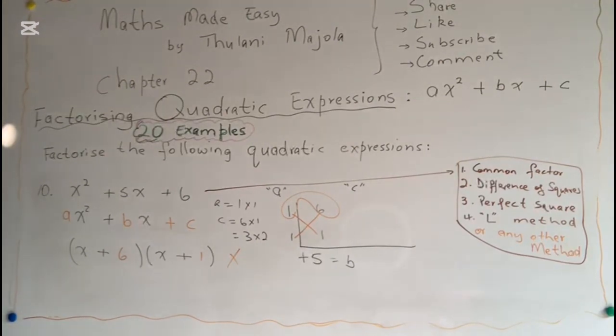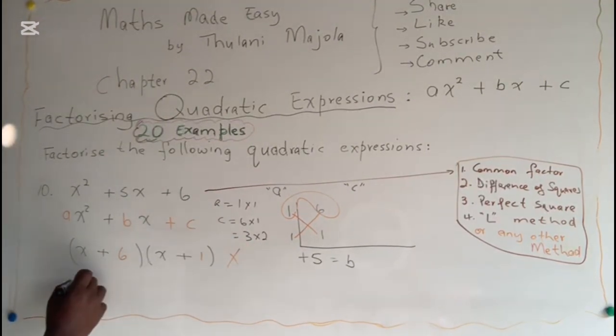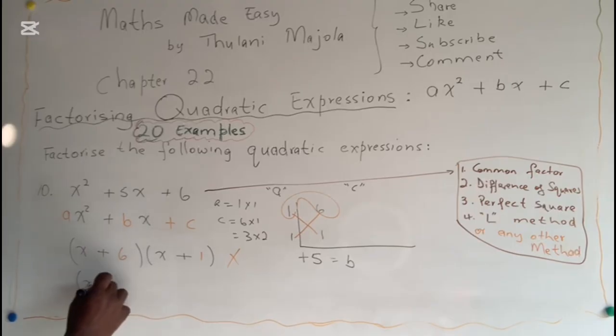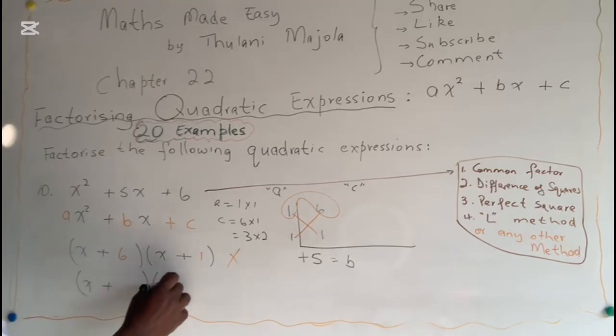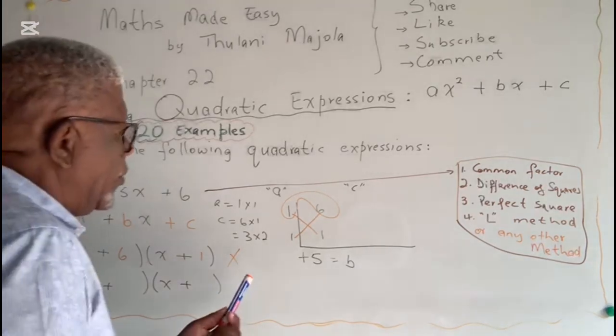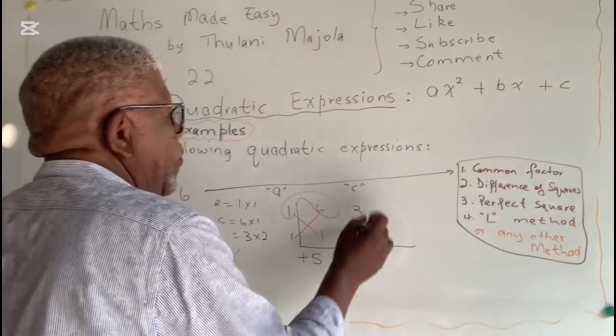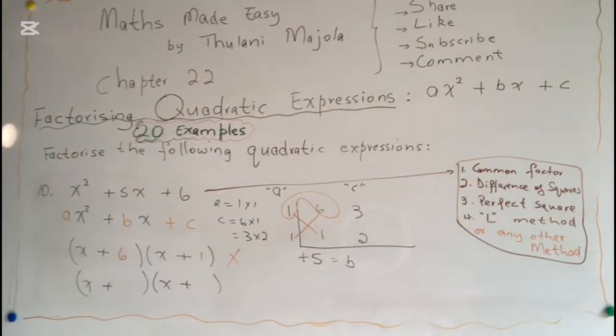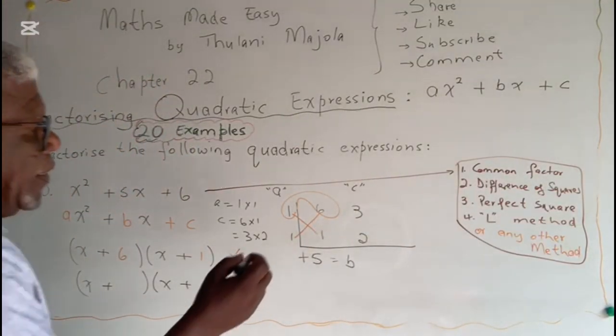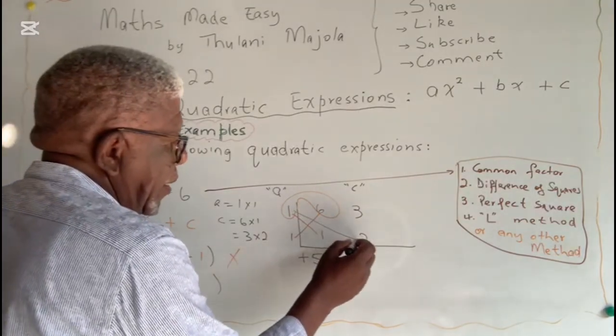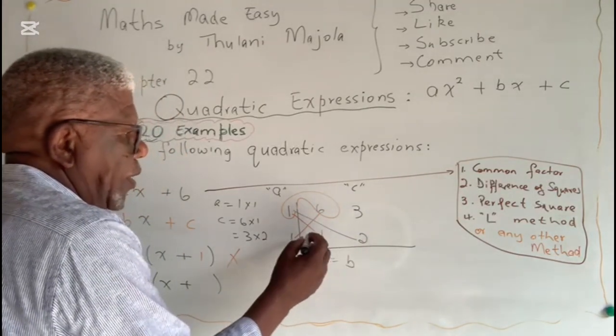And then you try again. We have to try the other factors. So x plus, x plus. Now you come here and you have a 3 and a 2, which are the factors of C. Multiply the 1 by 2, you get a 2.